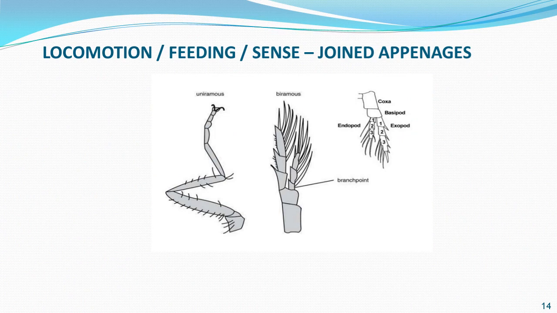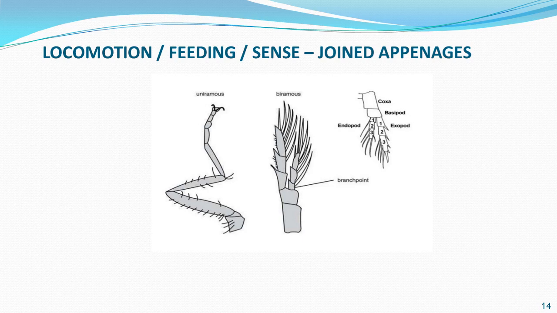Then joint appendages. Joint appendages are a very important character for phylum Arthropoda. So the leg is jointed, it consists of joint appendages, right? So what are the functions of these joint appendages? Of course, the first function is locomotion.